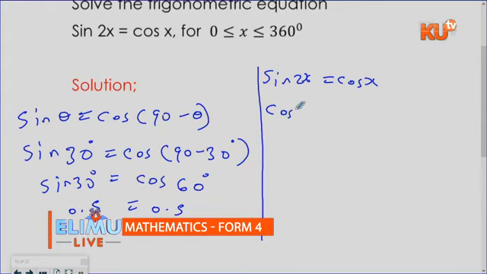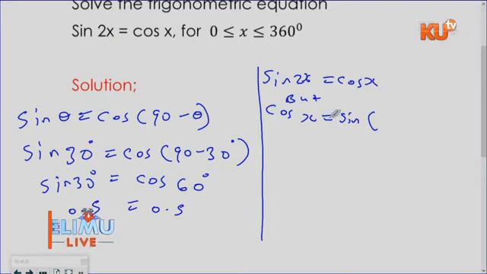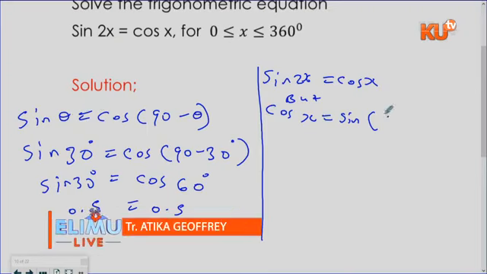This is the concept I've just given you: cos x is equal to sine of 90 minus x. So I'm going to do away with this cos x and replace it with this knowledge.